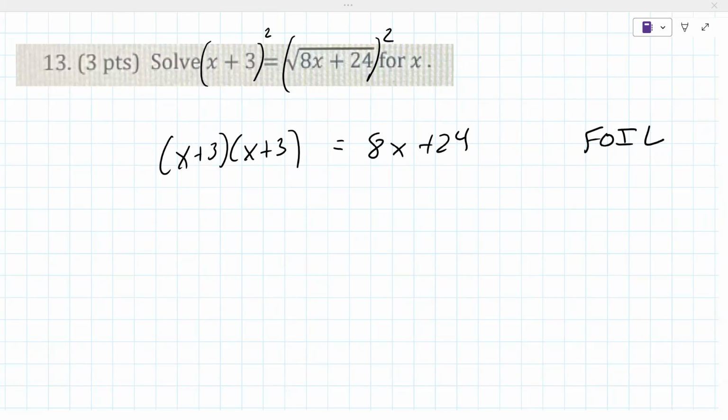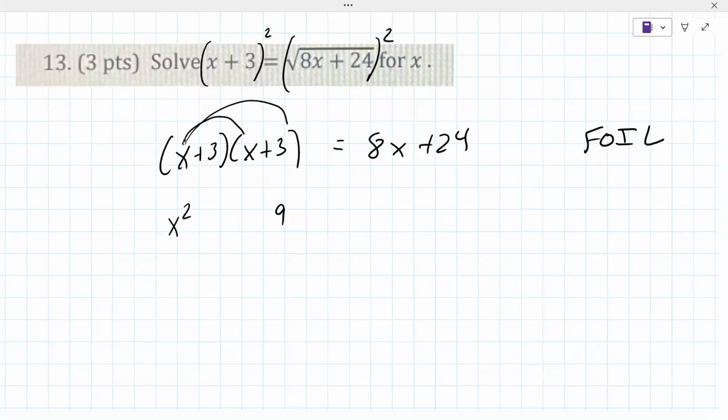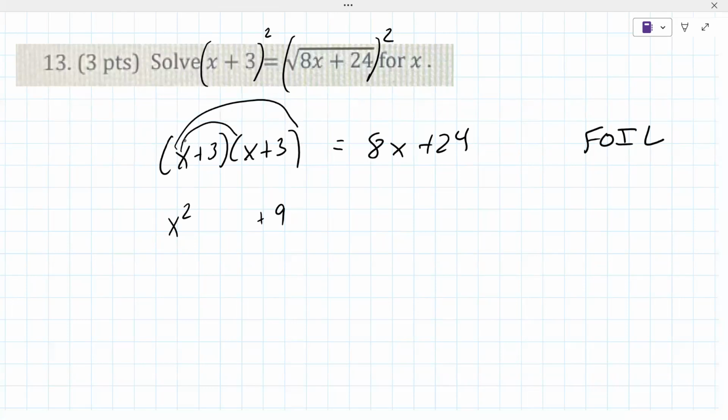Okay, so it would be 9 and x squared and 9. Okay, that's the first and the last. What about the inner, the O and the I? What about the x times 3? What does that become? That's the O. Yeah, what does that become? 3x.